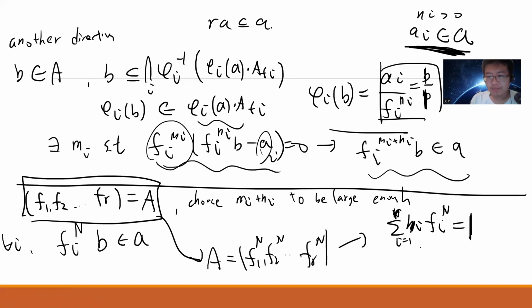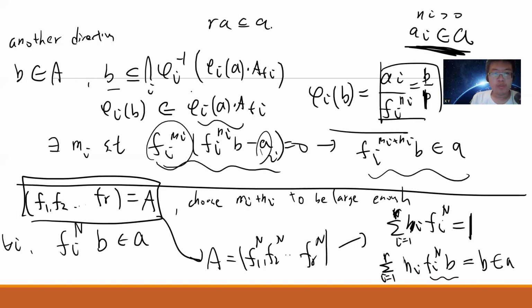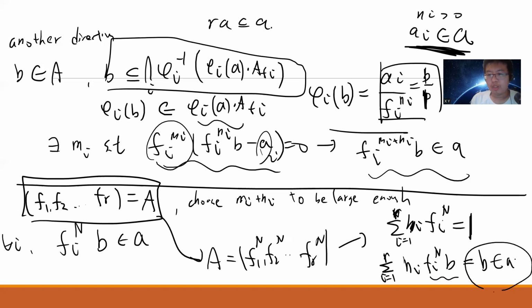If you multiply by b, then you get the sum of h_i f_i^n b, which is b. But this proves that b belongs to A, because every one of these terms belongs to A, and an ideal is also a subring. So b belongs to A, and then we prove our result, because we supposed that b belongs to this, and then b belongs to A.